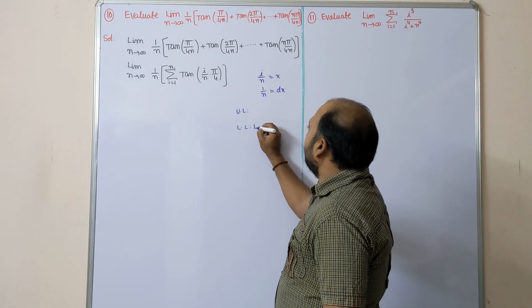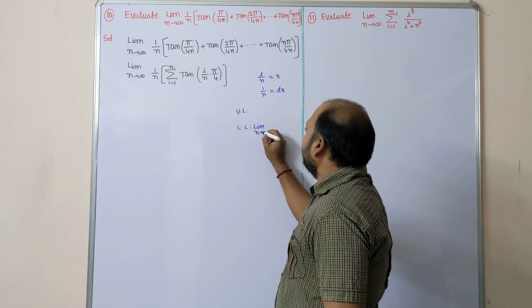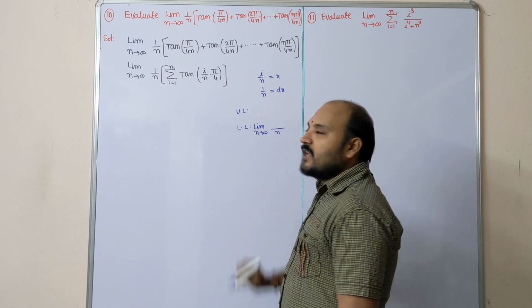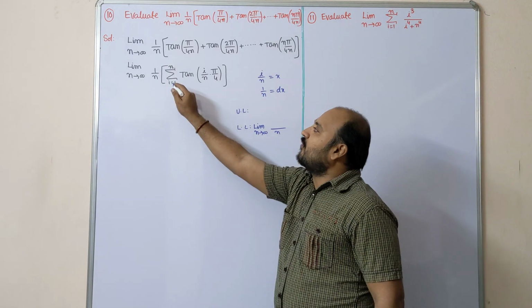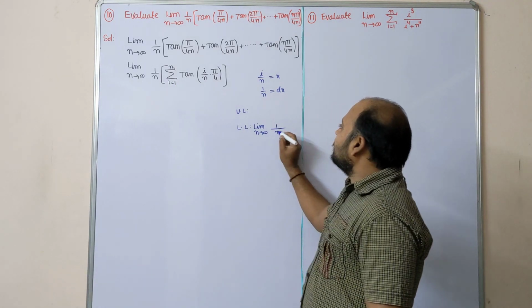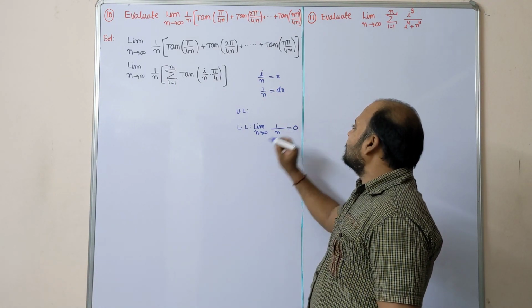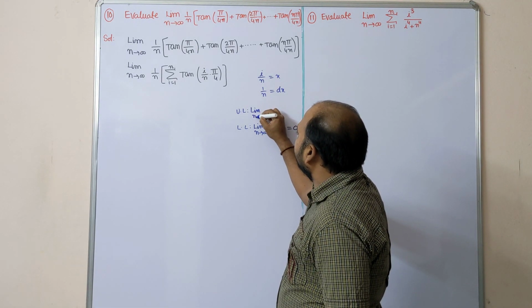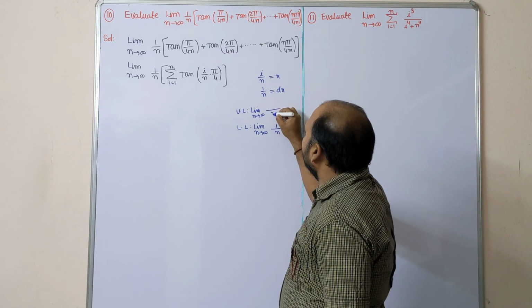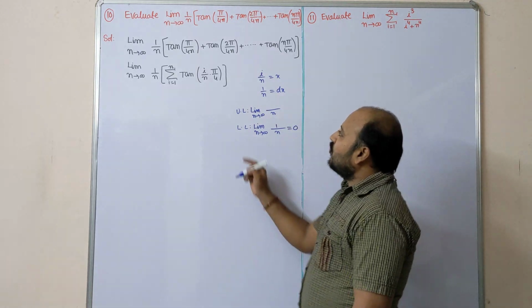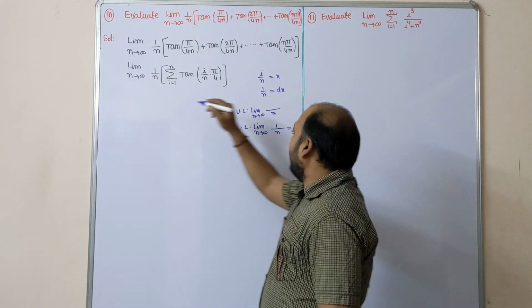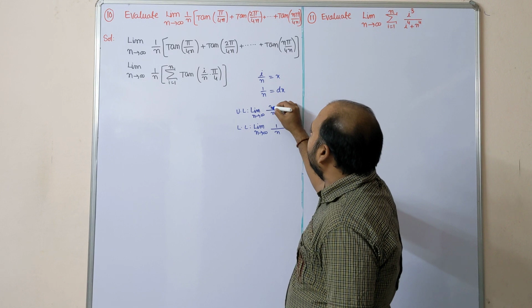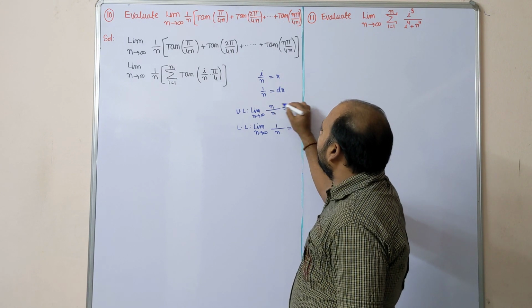Lower limit first. Limit n tends to infinity. Total number is n. Initial value of i is 1. Limit n tends to infinity, 1 by n value is what? 0. Total values are n. What is the final value of i? Final value of i is n. N by n is equal to 1.